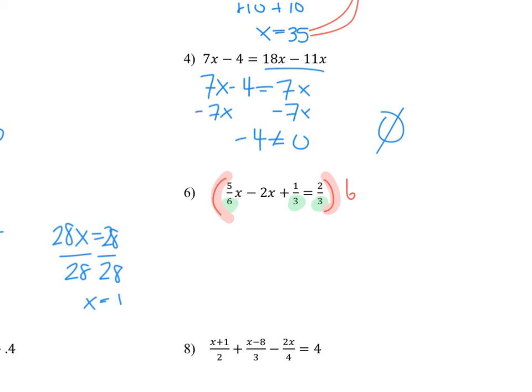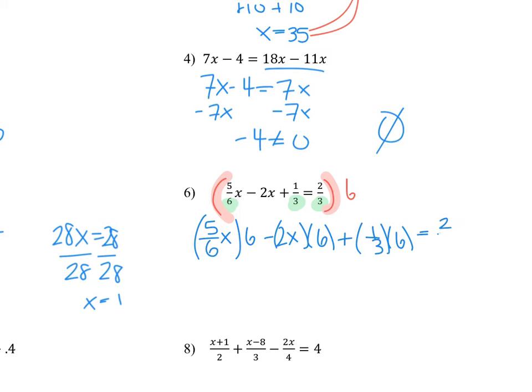Now you don't have to write it out like this, but I'm going to just so that you can see where everything comes from. So 5 over 6x times 6 minus 2x times 6 plus 1/3 times 6 equals 2/3 times 6.